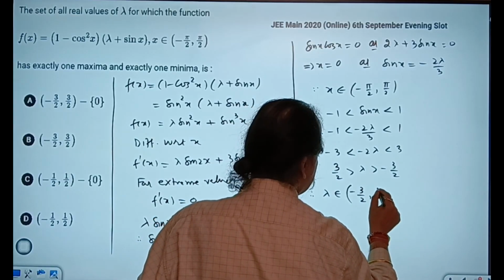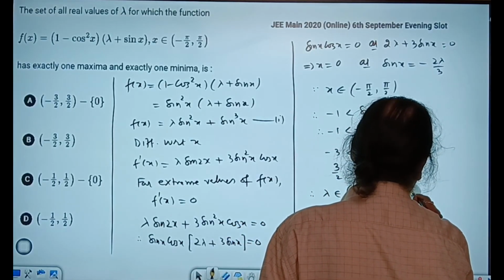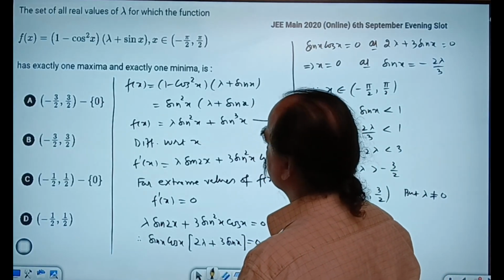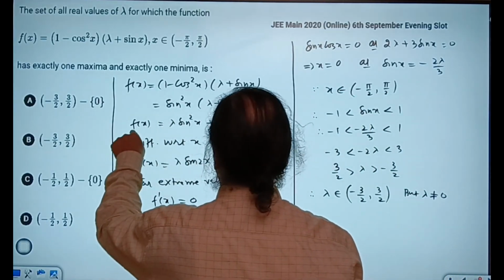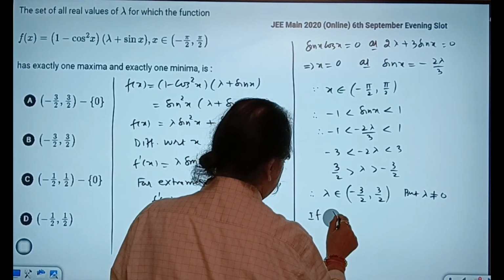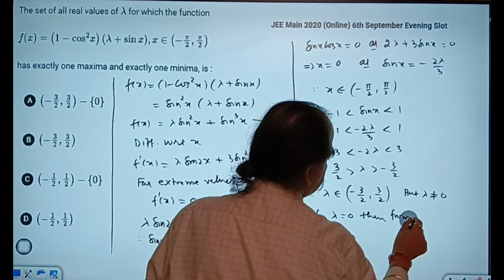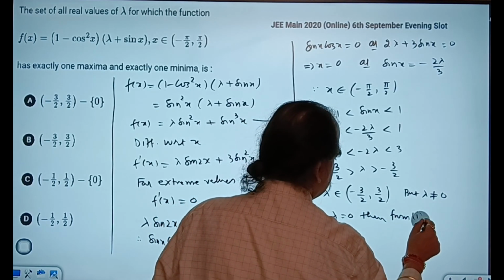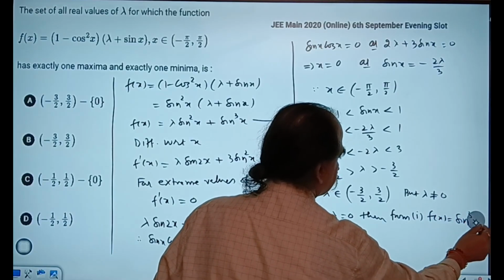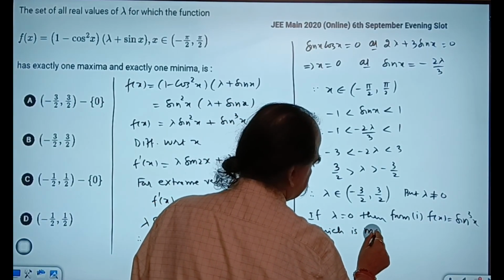But lambda cannot be 0. If lambda becomes 0, then from equation 1, f(x) will be sin cube x, which is monotonic.